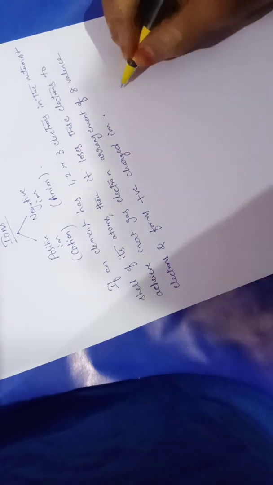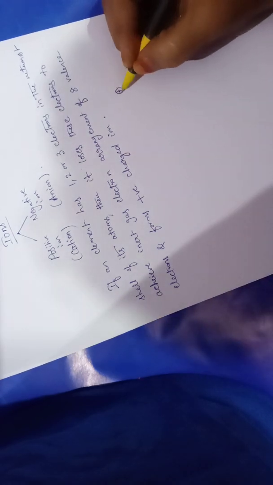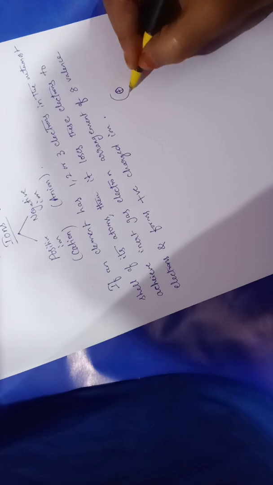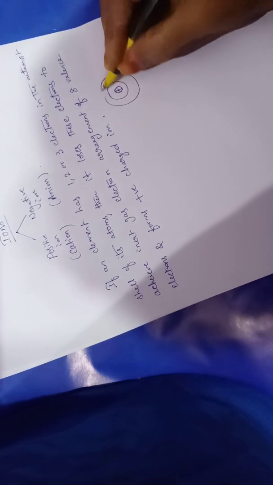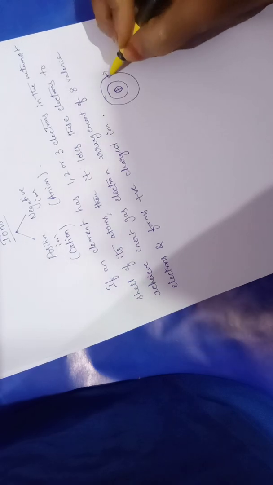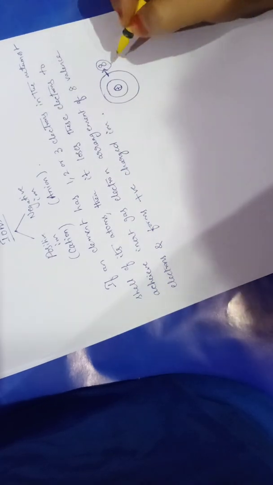We know that around the nucleus the electrons revolve in their orbits. If there are 8 electrons in the outermost shell, that type of atom will have stability.